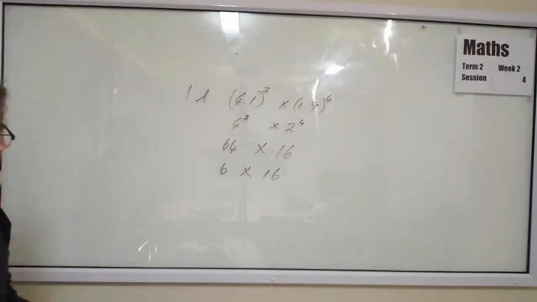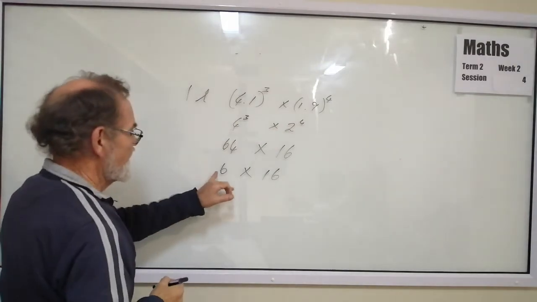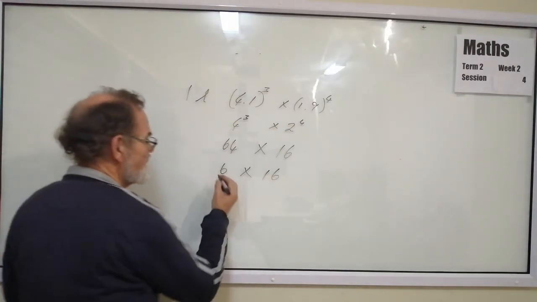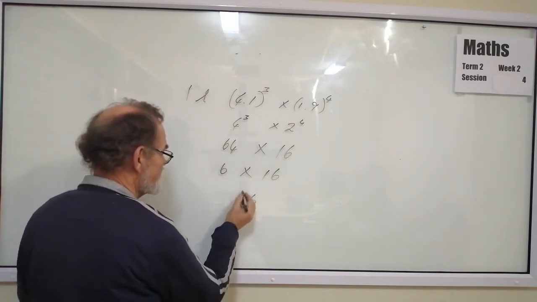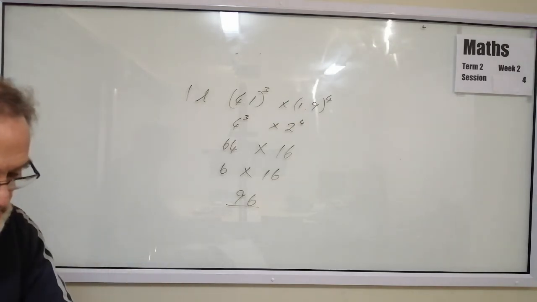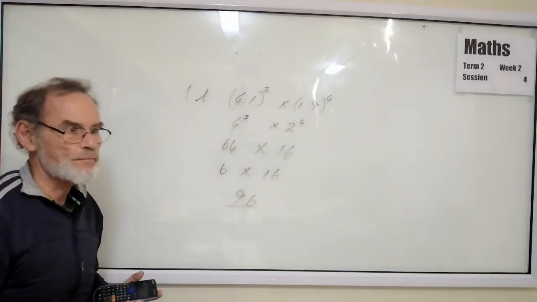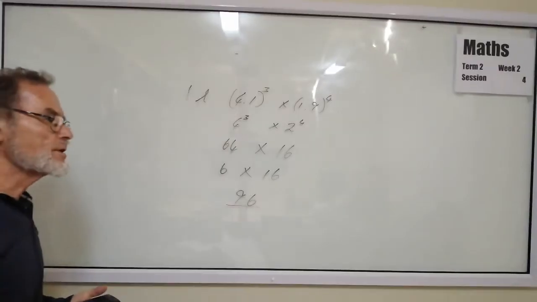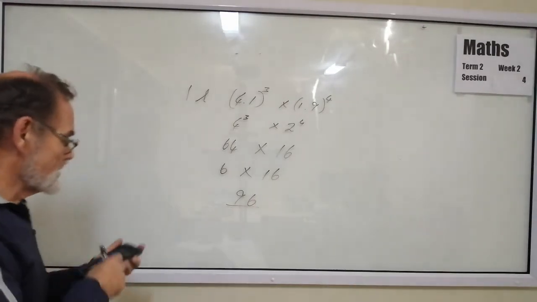If you know your 16 times table, otherwise to multiply just a single digit by this is quite easy. 6 sixes are 36, carry 3, 6 ones are 6, it's 96. 6 16s are 96. The more you do this by hand, the better you become at learning your 13 times table, your 16 times table, and so on.